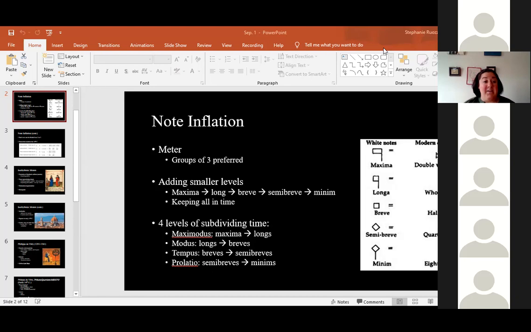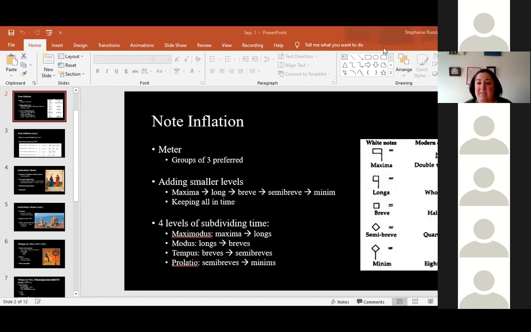Now, the next 2 levels of time do have modern equivalents. There's the tempus, or time, and we talked about this last week, the subdivision of breves into semi-breves. That's the equivalent of the modern measure. So when I look at the time of something, that tells me how many beats in a measure.